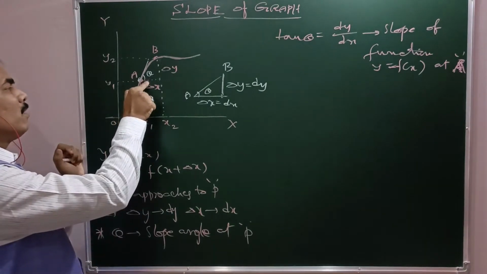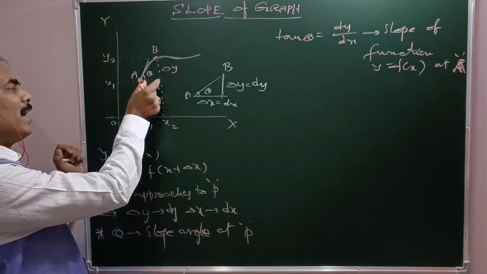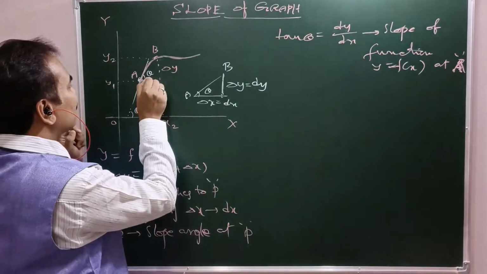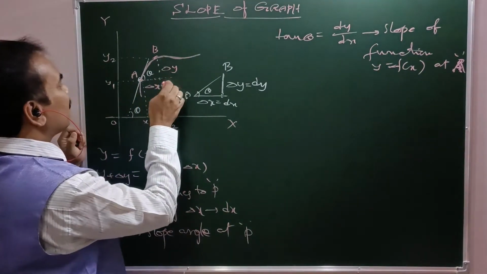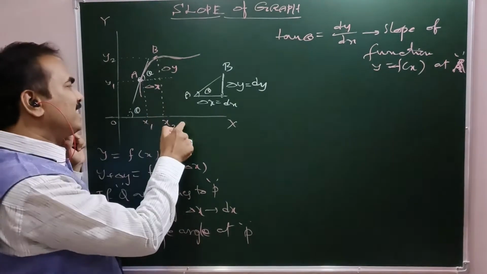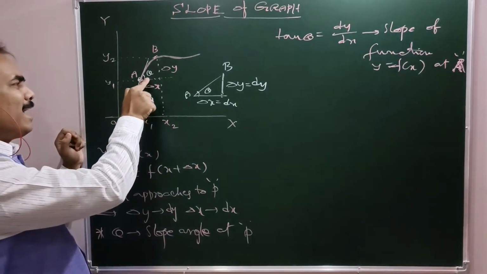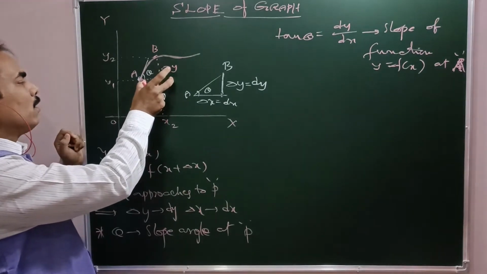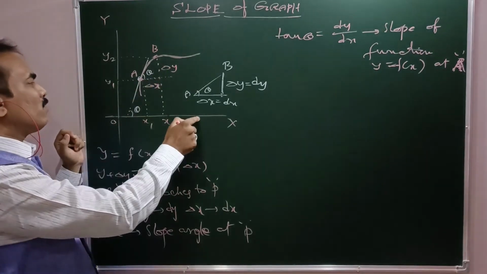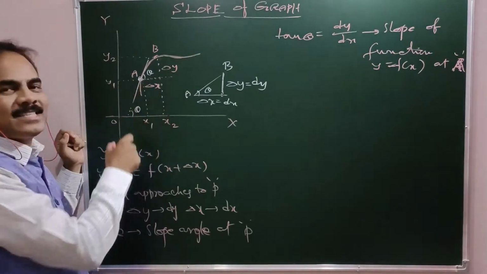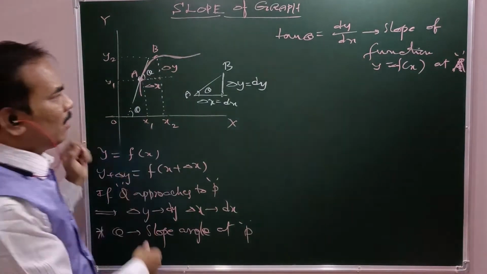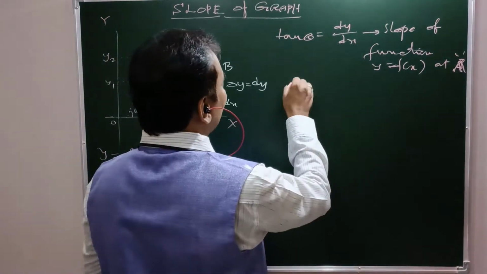So here also it makes an angle theta with an axis parallel to the x-axis. In fact, this is the x-axis, and this is one more axis parallel to the x-axis. So the angle taken with this axis is equal to the angle taken with the x-axis, because this axis is parallel to the x-axis. Right? What is the important point here?